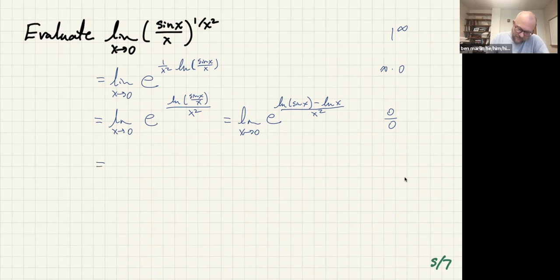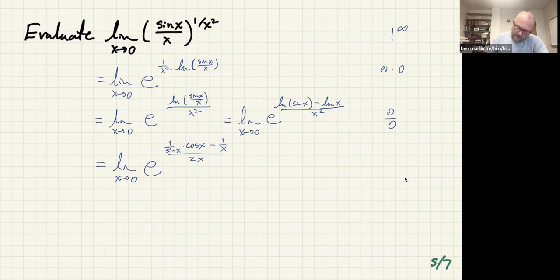All right, we'll do the limit as x goes to 0, e to the power. And now we have to think about derivative of log is 1 over the sine. And the chain rule says times the derivative of sine, which is cosine, minus 1 over x. And downstairs, we have 2x, right?